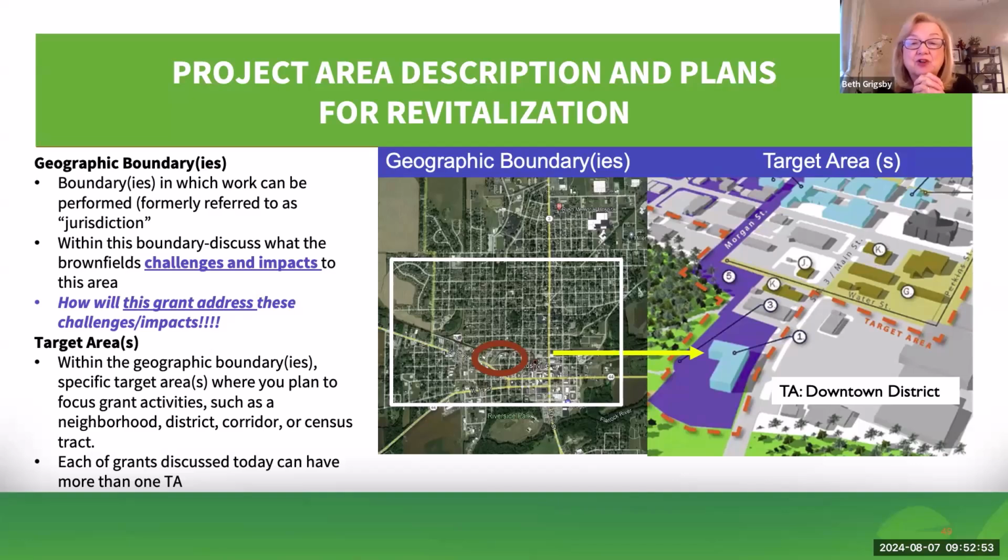But within that target area, then, you will have priority sites, and that's what the yellow arrow is pointing to, a building that was a priority site. So first geographic boundary, then inside of that, your target area, and then your priority sites. Each of the grants discussed today can have more than one target area.